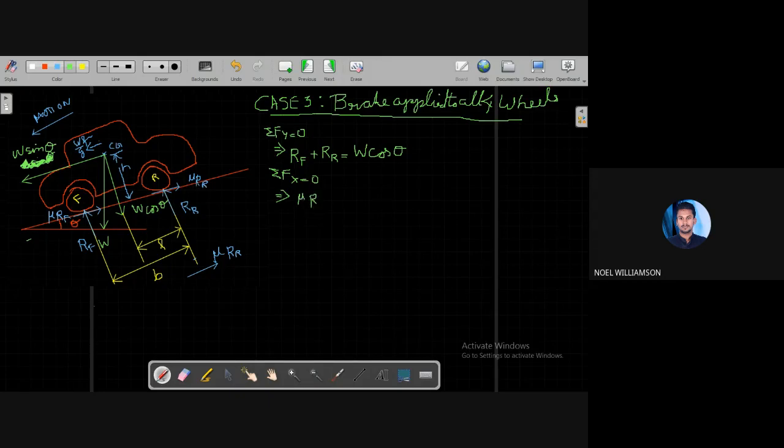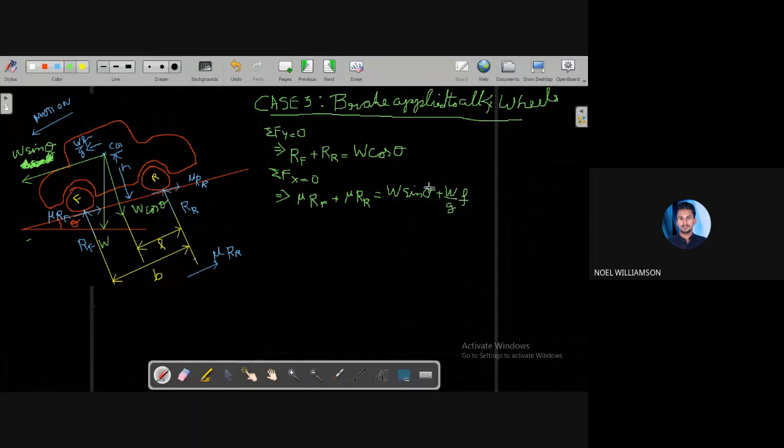On rearranging, mu Rf plus mu Rr equal to W sin theta plus W by g into f.